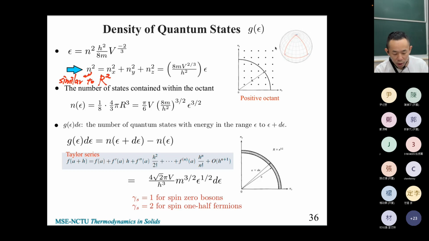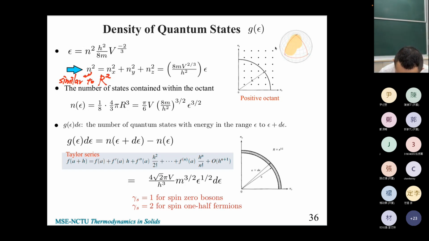So when you try to find how many nx, ny, nz, actually you are talking about a ball, okay? And also nx, ny, nz are all positive, so you only have the positive octant. So you just imagine that of the sphere, only 1/8 needs to be considered.